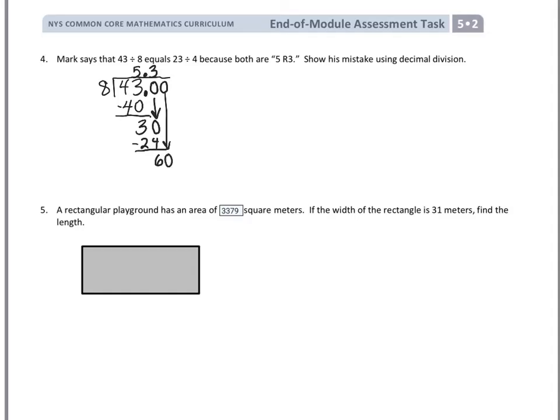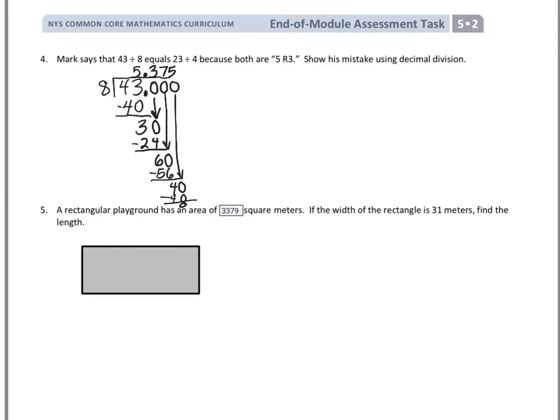Now 8 will go into 60 7 times, because 7 times 8 is 56. If we subtract that, we have 4. And let's bring down one more 0. And it looks like 8 will go into 40 5 times evenly. And if we subtract that, we're left with 0. All right, so that's our answer. So let's do the next problem.